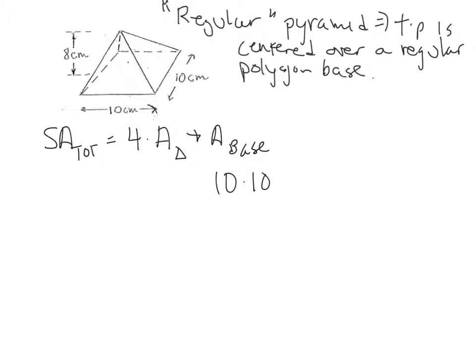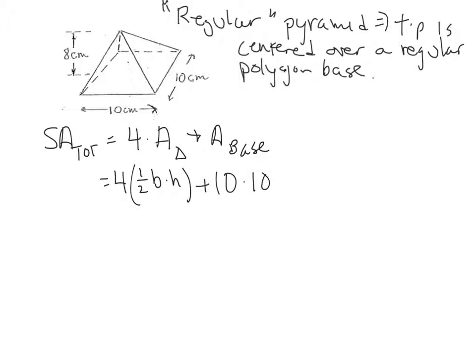What's a little trickier here is that these triangles are not 8 high because they're tilted in to lean into each other to make the tip of the pyramid, which means if you stood them up, they'd be taller. Well, how tall are they? We'll figure that out in just a moment, but let's be careful to write the formula for the area of a triangle, which is 1/2 base times height, and fill that in.